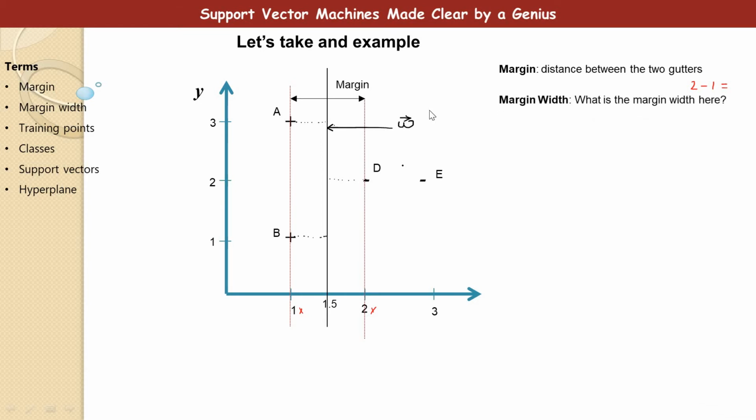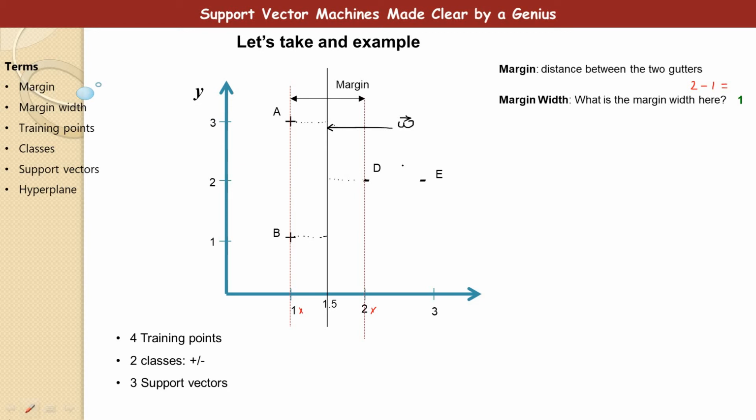The margin width in this case is 2 minus 1, because I already labeled the coordinates, and it is 1. We are going to use this later on, so make sure you understand these terms: margin width, gutters, support vectors, training points.